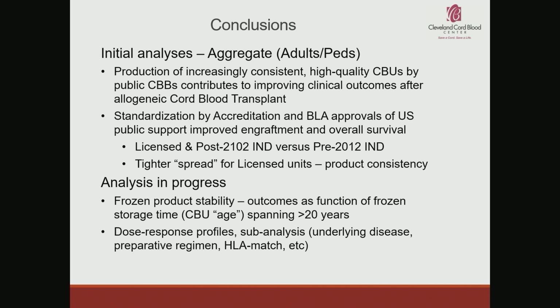I saw that there's a poster from the group of Sergio Querol as well that speaks to stability there, so I'll certainly have a look. And then we'll be digging deeper into the dose response profiles and sub-analyses where we take these transplant-relevant parameters into consideration as well, such as underlying disease, HLA match, etc.